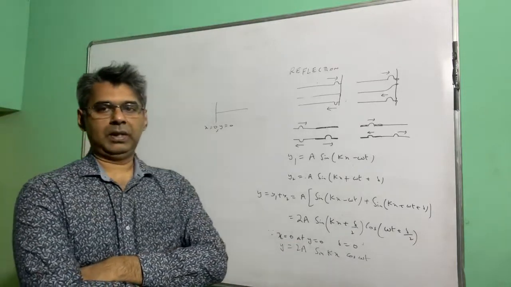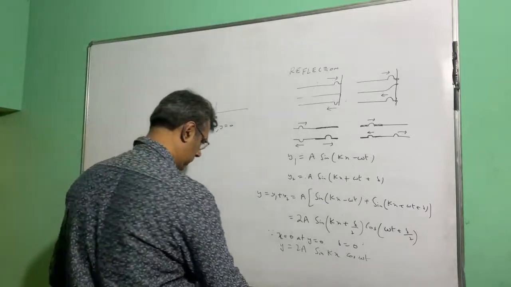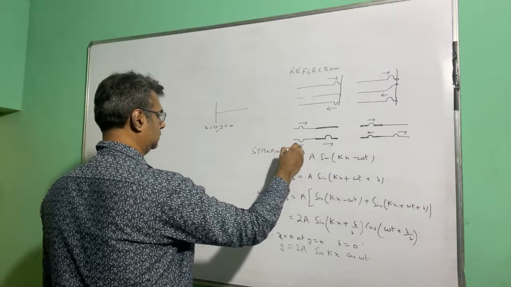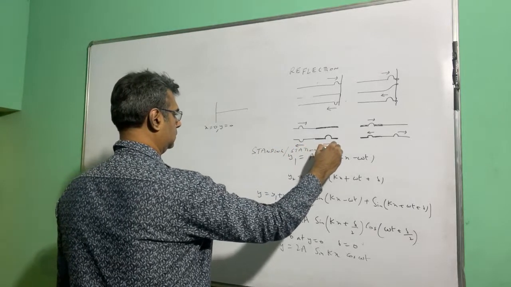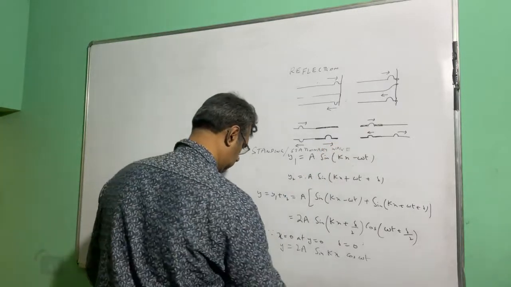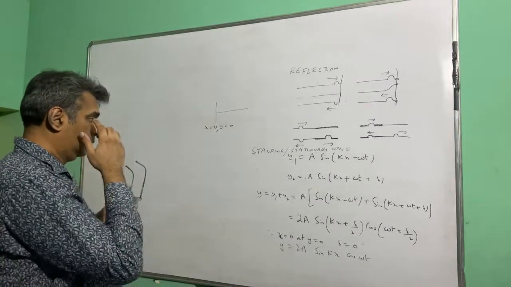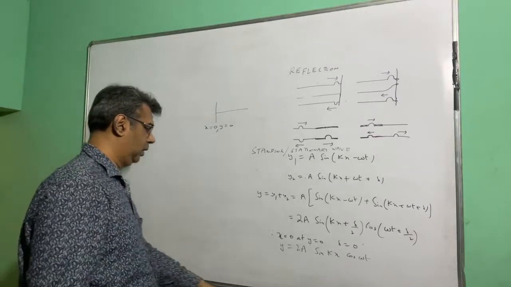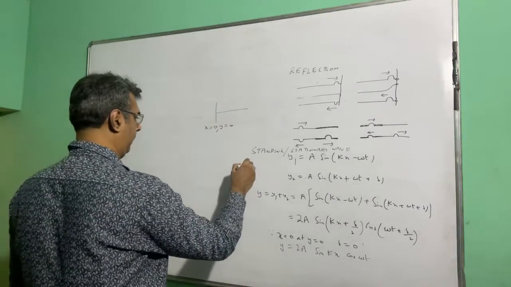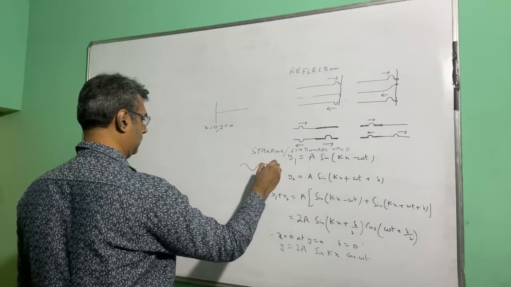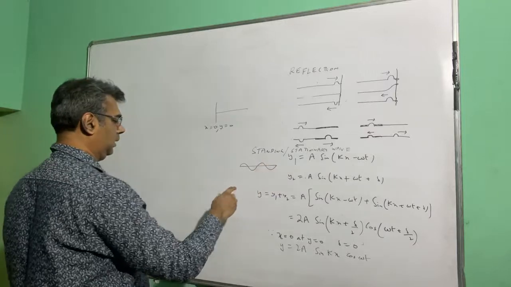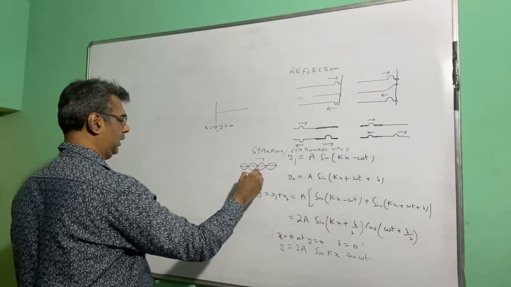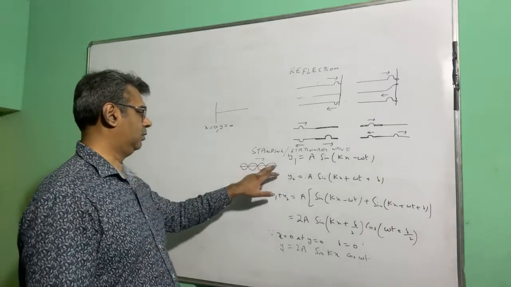Now this y equal to 2a sine kx cos omega t is called a standing wave or a stationary wave, because if you draw the diagram of this, you have a wave going to the right and a wave going to the left.